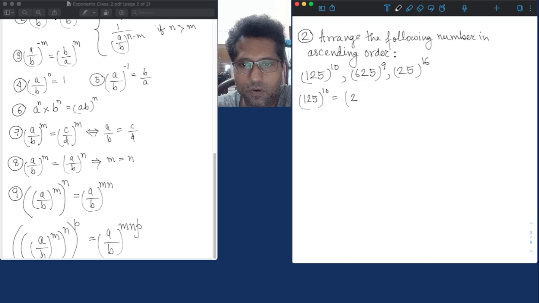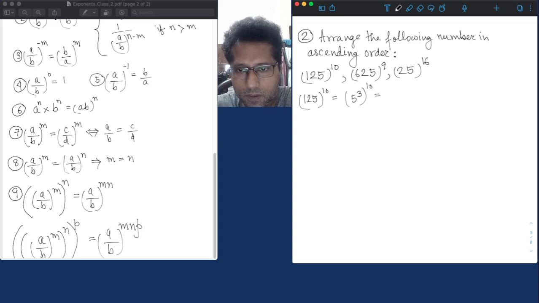So let's convert all the bases to a power of 5. So we know that 125 is 5 cube. 5 into 5 into 5 is 125, and this is whole to the power 10.